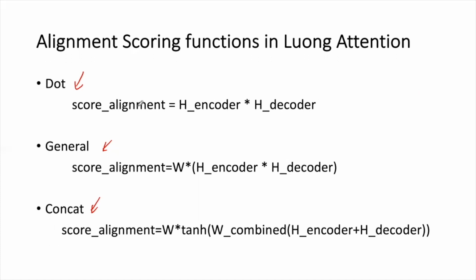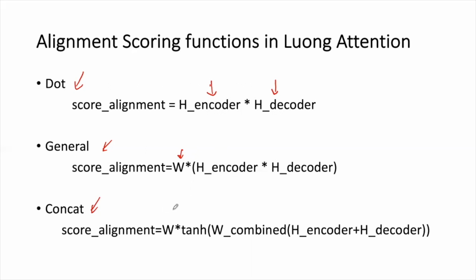That's the reason we have dot product here. As you know, the higher the dot product, the more similar the two vectors, here the encoder and the decoder. That's the reason we use dot product. Similarly, the general form is the same as dot product. It's just that we multiply with a matrix, a linear transformation of it.